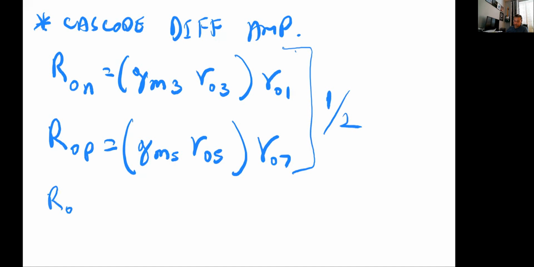So we can say that on that other half, the output resistance due to the network is gm4.